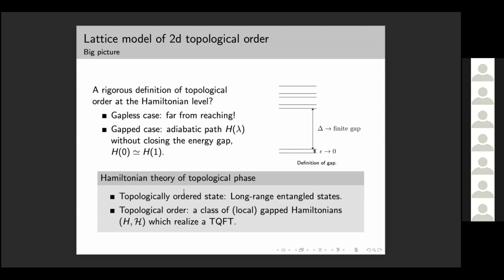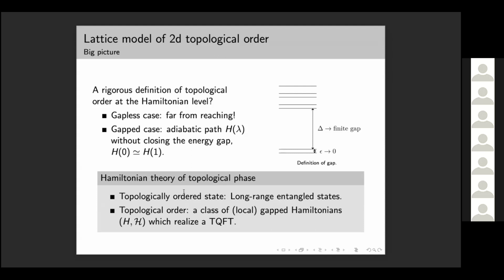But if we take the thermodynamic limit, we can ask what is gapped and what is gapless. Gapped means that in the thermodynamic limit, there is always a finite gap between the ground state and the first excited state. This is the physical definition of the gap.